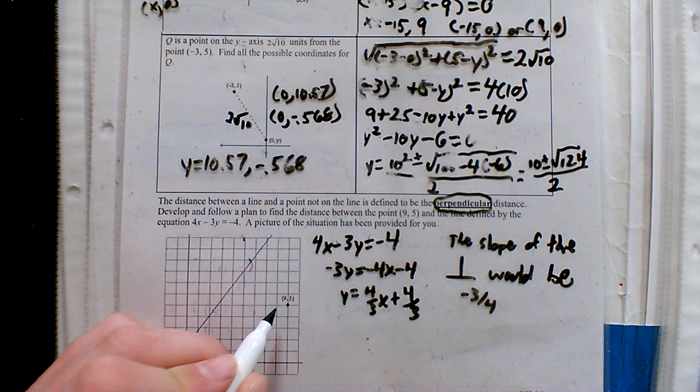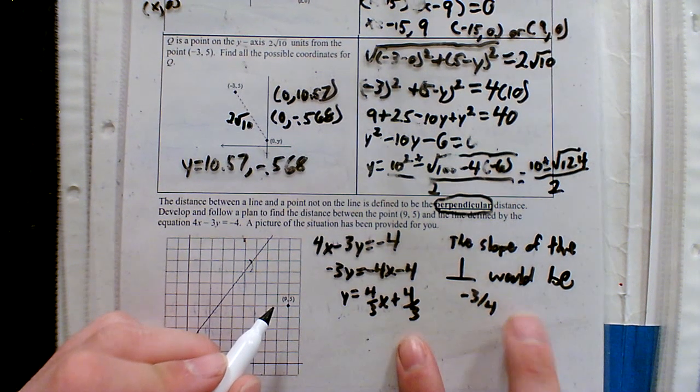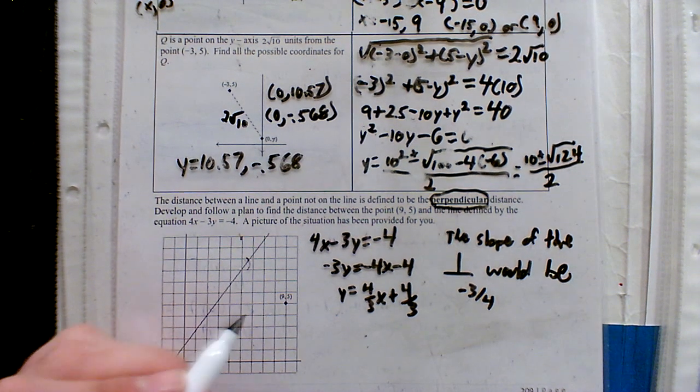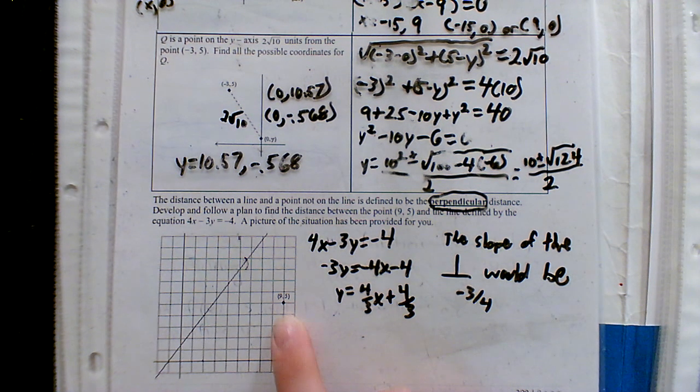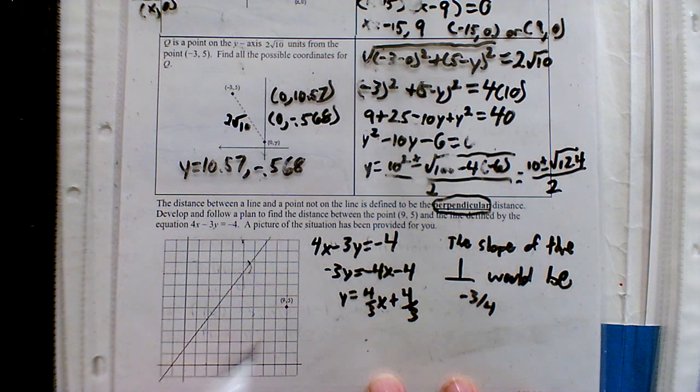Why can't we just start with the distance formula? Why do we have to find this first? What do we need whenever we're plugging into the distance formula? Like if we just look at the original picture, what are we missing? A second point. We're only given one, so we're using this slope now to help us find the second point.